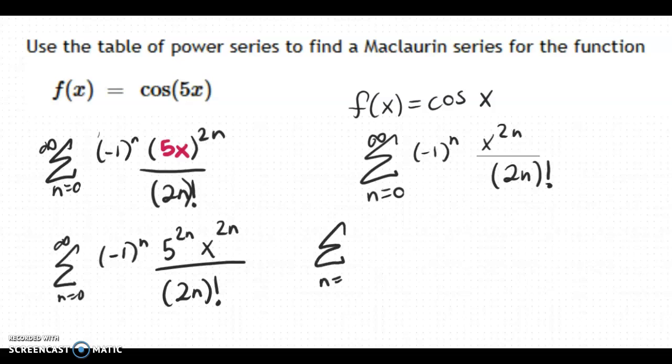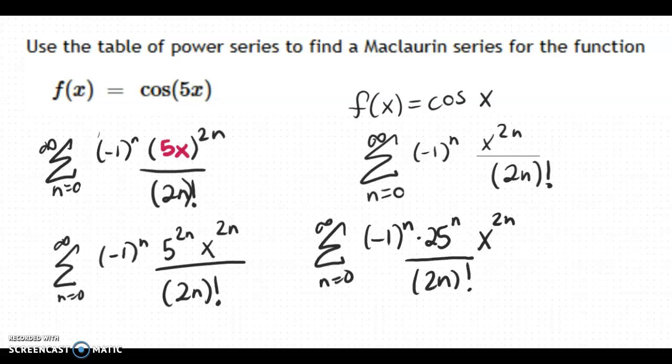So let's keep simplifying. Negative 1 to the n. Here I'll have 25 to the n and then x to the 2n over 2n factorial.